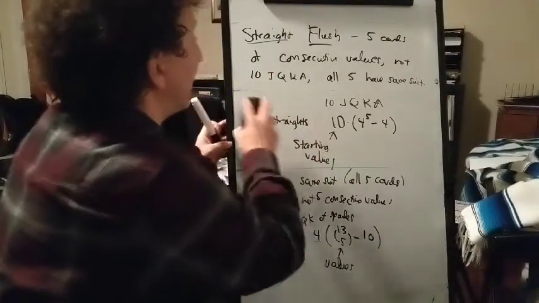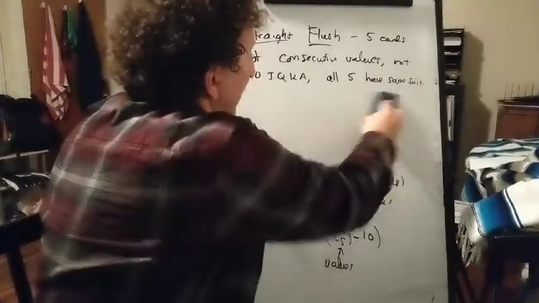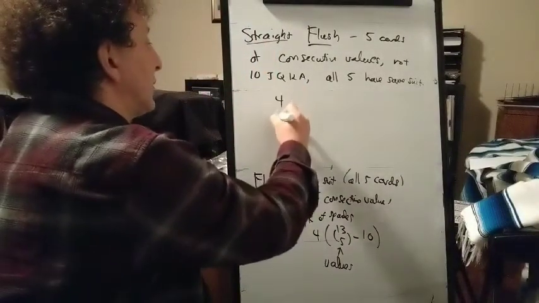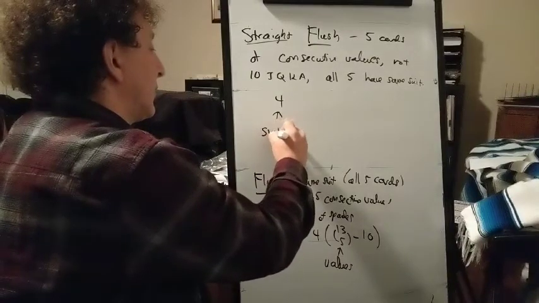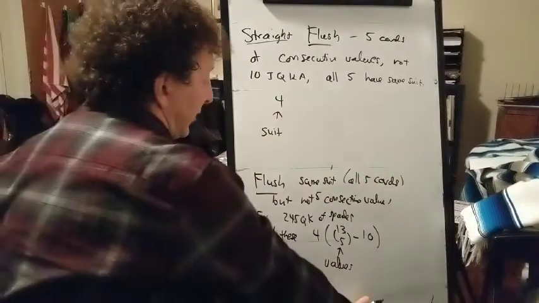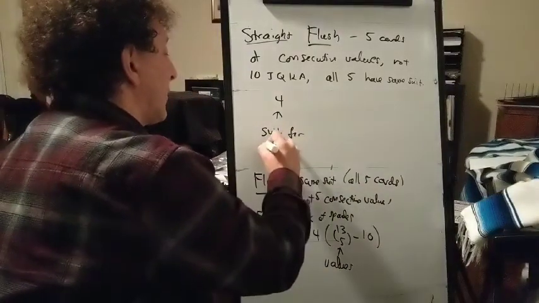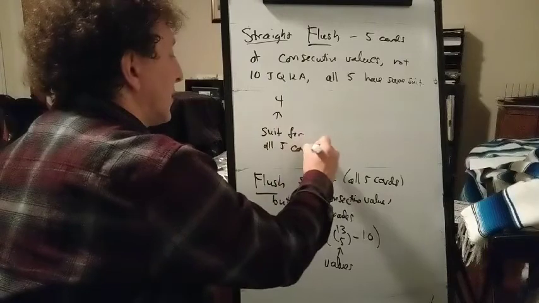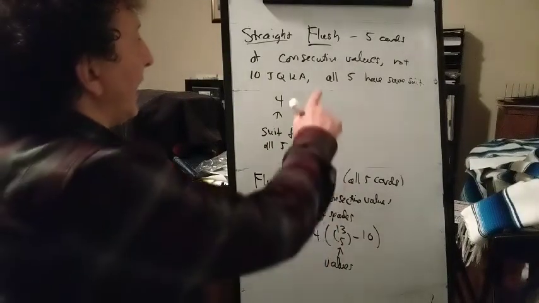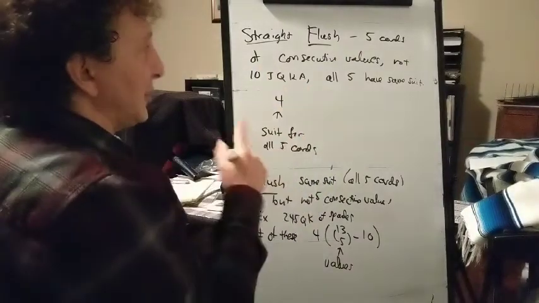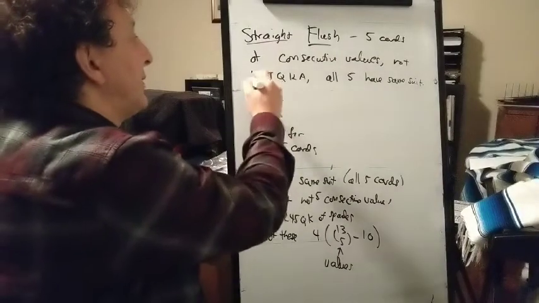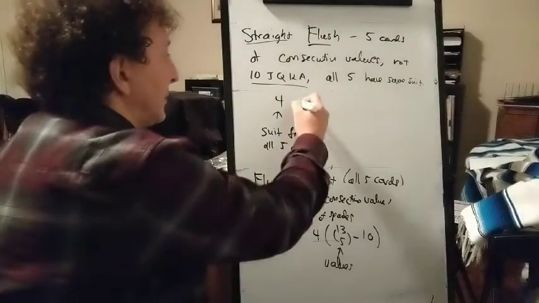So how many of these are there? Well, since they have the same suit, we have to pick one of the 4 suits. So that's the suit for all 5 cards. And then we have consecutive values, which are determined by the starting card, which could be ace through 9, but not this sequence because that's something special.